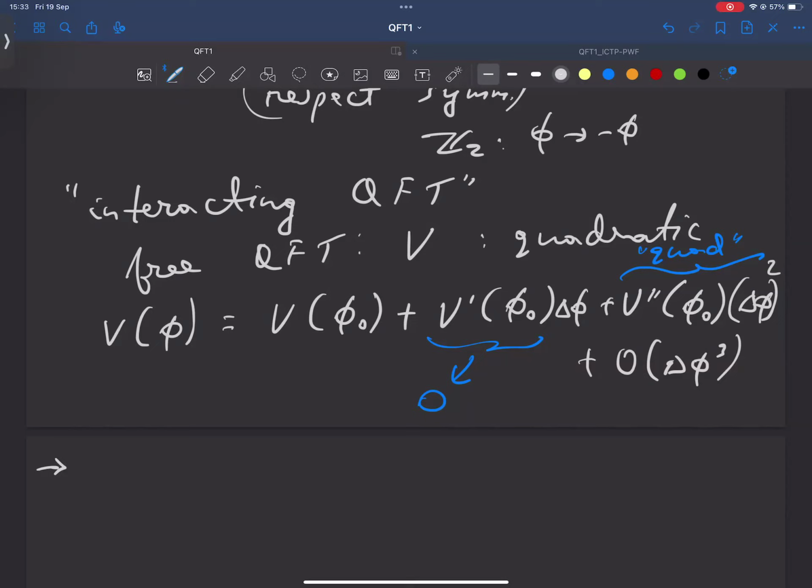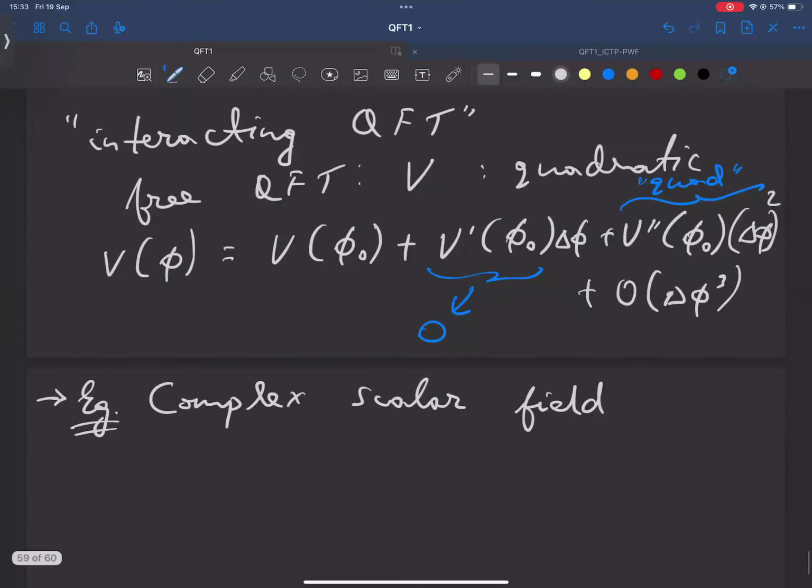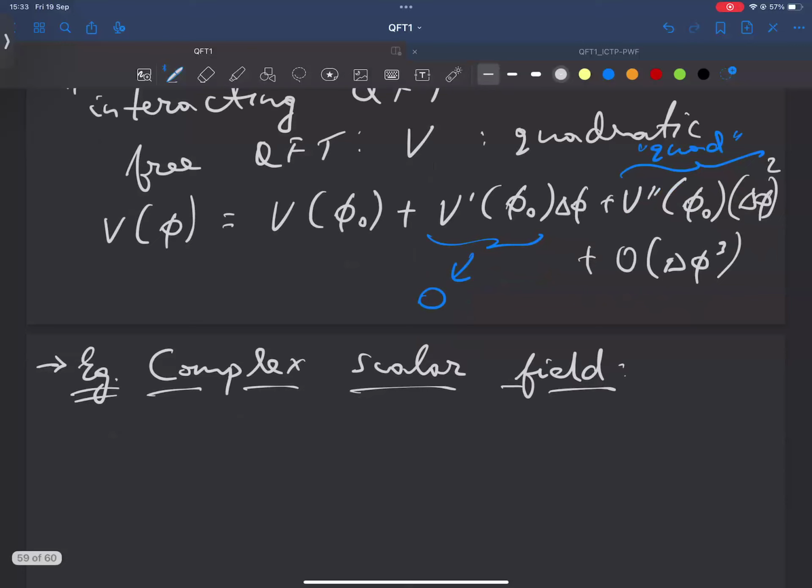So now, for the case of quantization, we will not quantize the real scalar field, we will quantize the complex scalar field. The real scalar field, which is a bit easier, will be your exercise. The complex scalar field will give us more mileage, so we will do that.